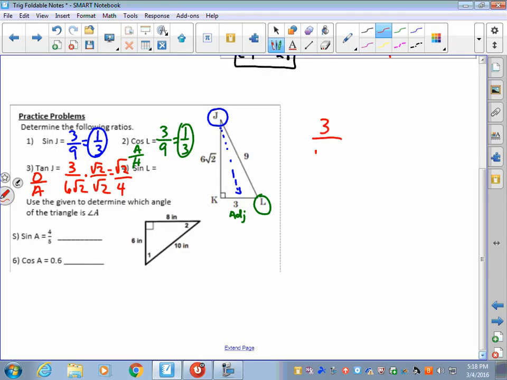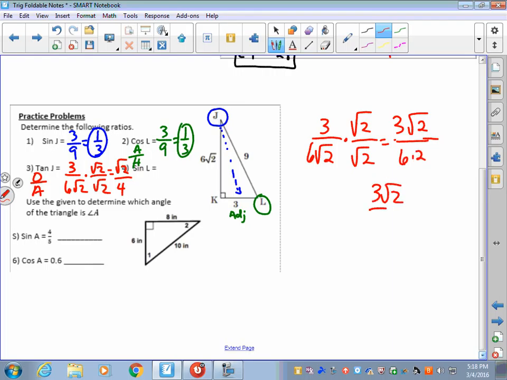When I had 3 over the square root of 2 and rationalized that, top times top, bottom times bottom, oh, I forgot my coefficient. There we go. That's 6 times 2. So that leaves me with 3 square root of 2 over 12, and then 3/12 can be reduced to 1/4, so really I just have the square root of 2 over 4. So that's how we got to that.